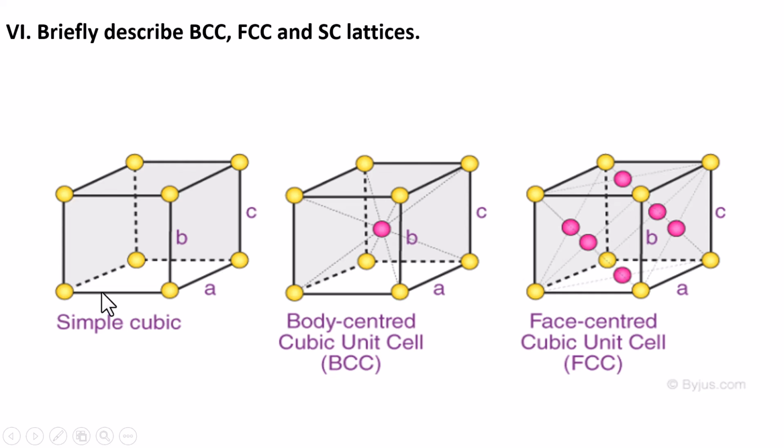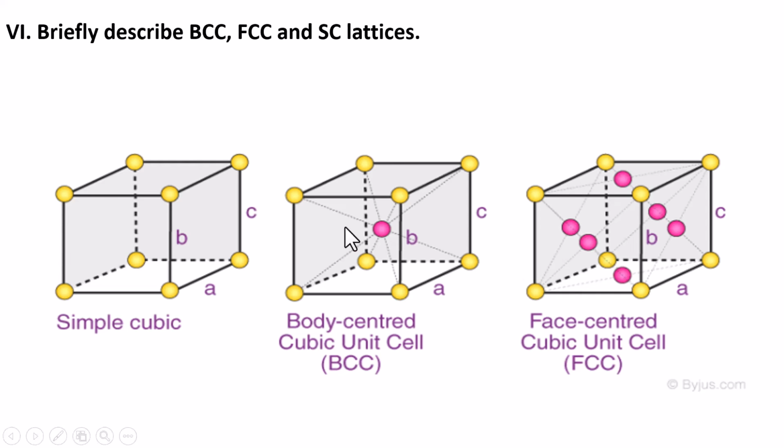If it is a simple cubic, that means only the corner atoms are present. You can see a total of 8 corner atoms in the simple cubic. There is no other atom. So the meaning is that 1 by 8 of each corner atom is shared only by this unit cell.